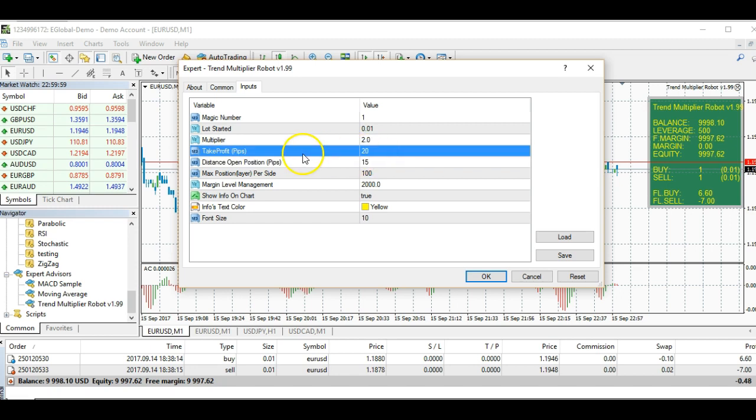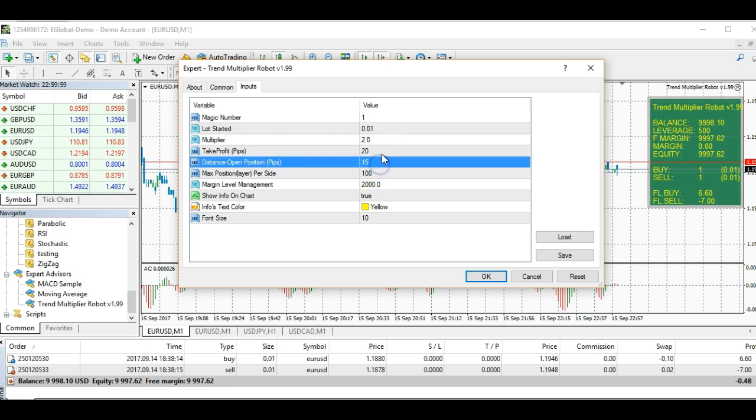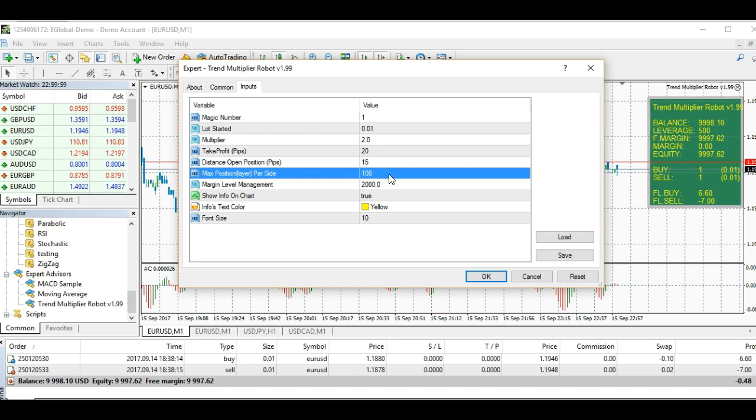Basically here your take profit is more than your distance position. Later I will explain this. This is distance position as well, you can change it, and remember this max position layer.